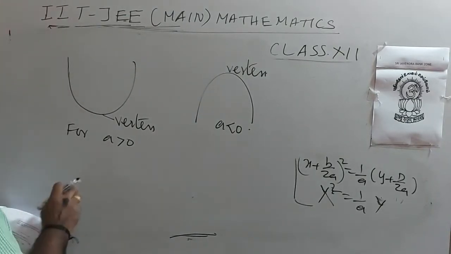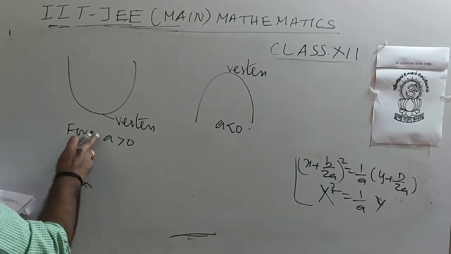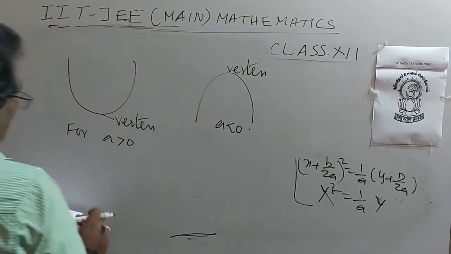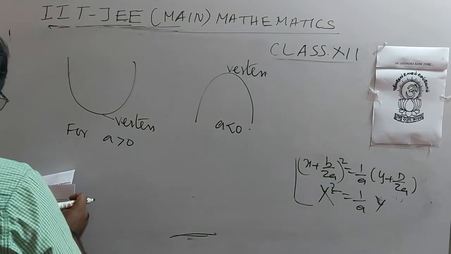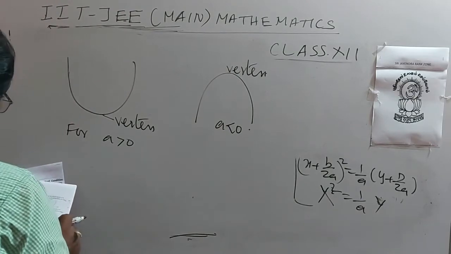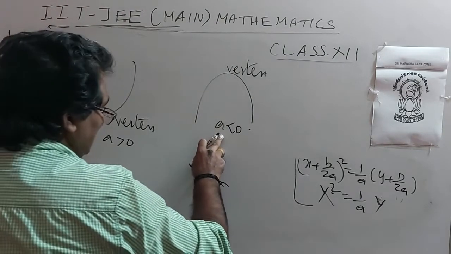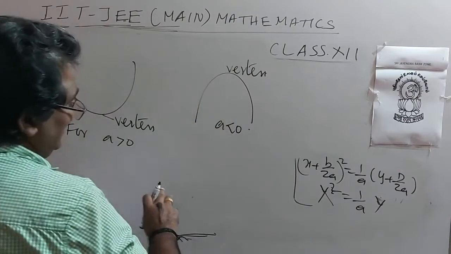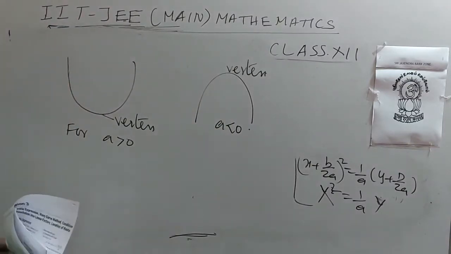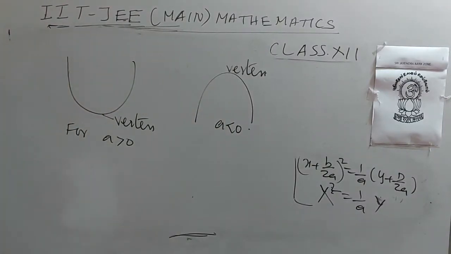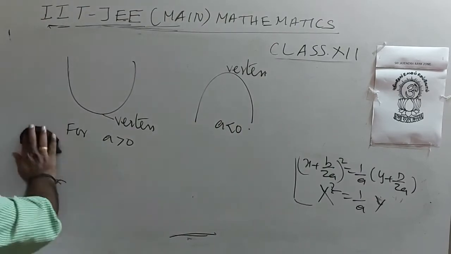So when a is greater than 0, this point has the least value. When a is less than 0, this point has the greatest value. At the vertex, we have the greatest and least value.